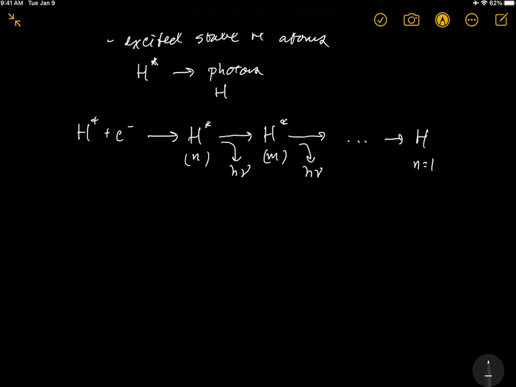Another way of looking at the process is in terms of an energy level diagram. So the lowest energy state of the system is N equals 1. Let's set that as our baseline here. And then, of course, above that, you're going to have other energy levels: N equals 2, N equals 3, 4, and so on.